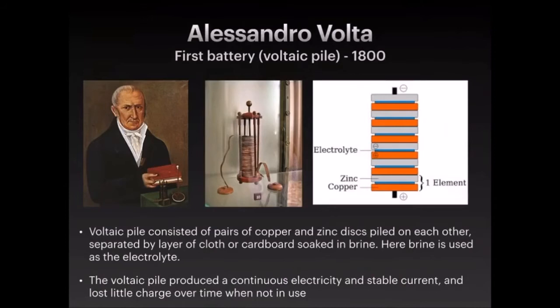Galvanoscope is an instrument which can measure the presence of electricity. So he identified that the frog's leg acts as a conductor or an electrolyte as well as a detector. That's the reason when two different metals were kept on the frog's leg, the frog's leg was kicked.